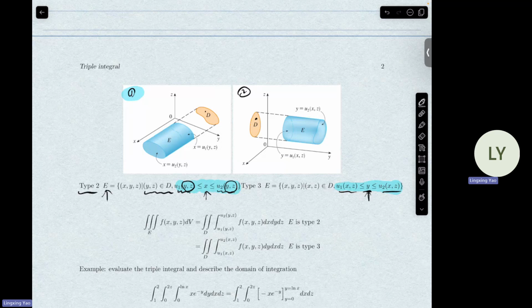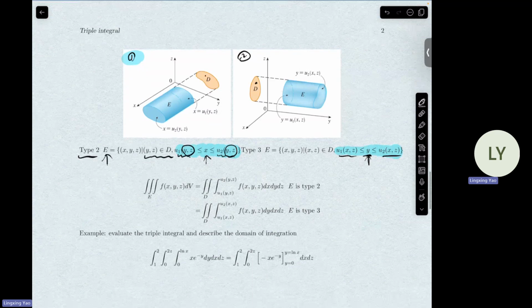There will be a lower limit and an upper limit for the y variable, determined by the x and z coordinates of the point where you stand. So this is the idea for us.